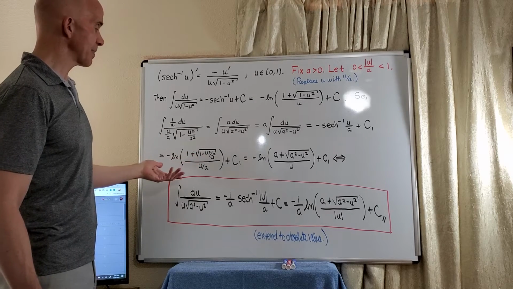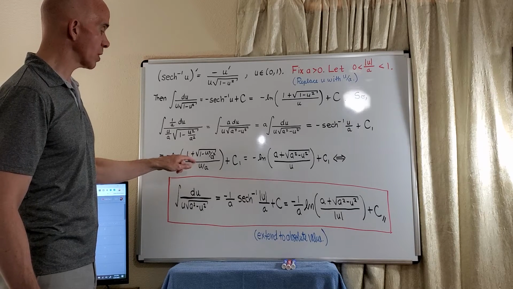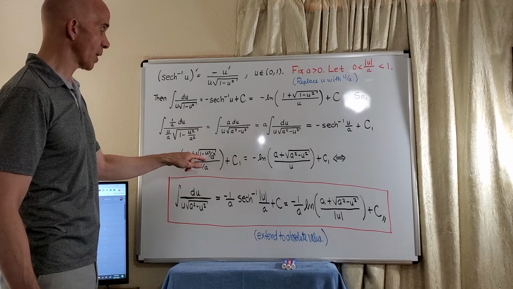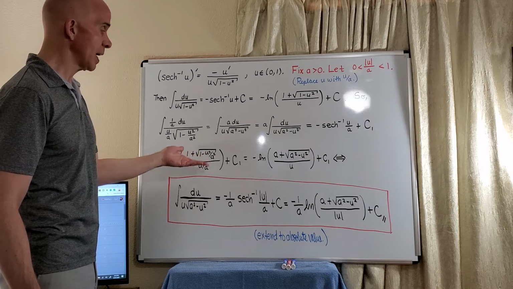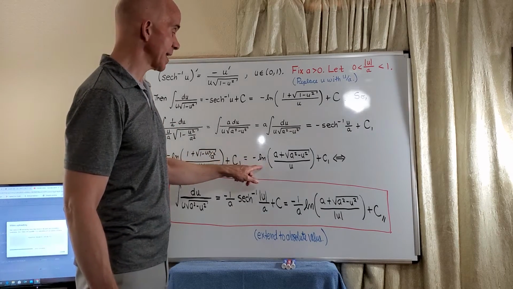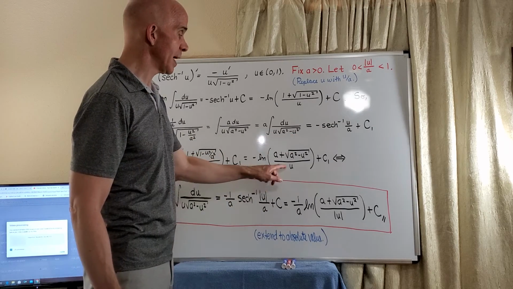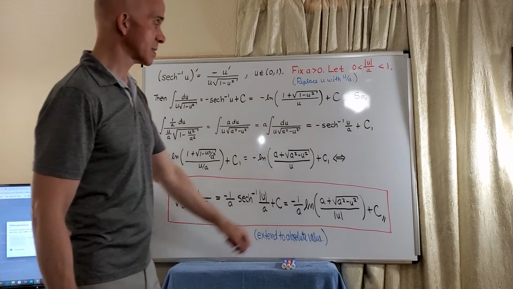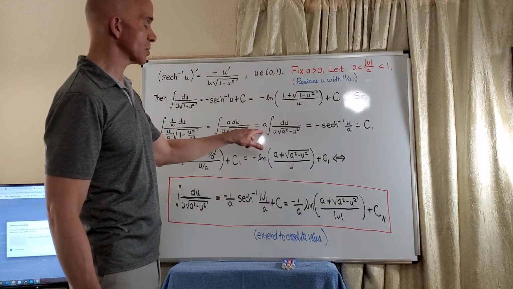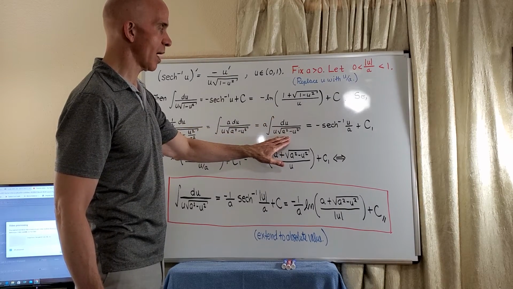And again, the same thing ensues. The u over a here, we get a 1 over a, and we're going to have the same thing here. We're going to have a 1 over a when we get a common denominator, and those a's will absorb, but that will leave behind the negative of the natural log of a plus the square root of a squared minus u squared divided by u, plus some arbitrary constant c1. But now we know that these are all equal to this integral, and so we just want to isolate this particular object.